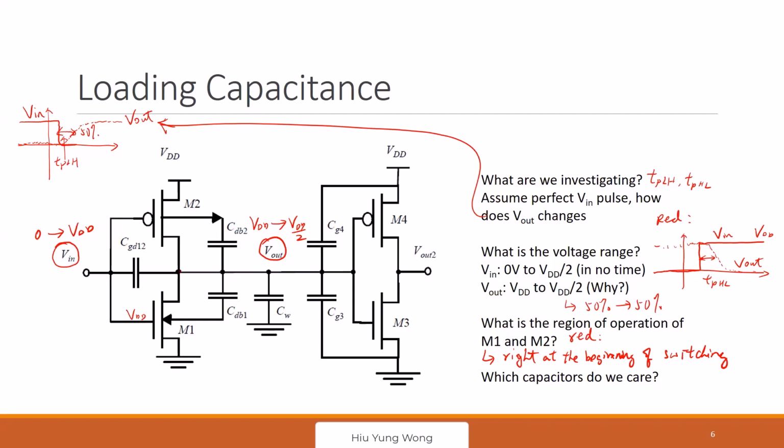How about this point? What is the voltage at this point, at Vout at this time, when it starts switching? It's VDD again. Yeah. So what is it? It should be in linear region. Linear or, sorry, saturation, I guess. Saturation? Yes. Saturation, yes. Very good, right? It's in saturation region. How about for M2?